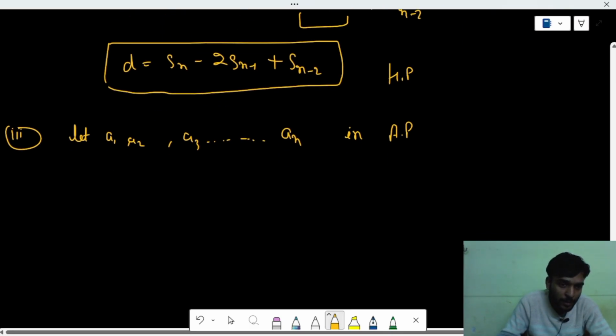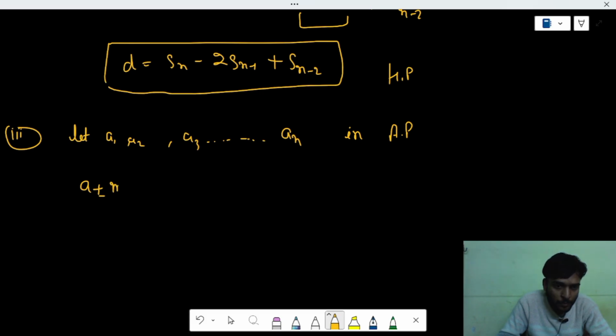For example, if m is the constant number, then An plus or minus m is also in AP.